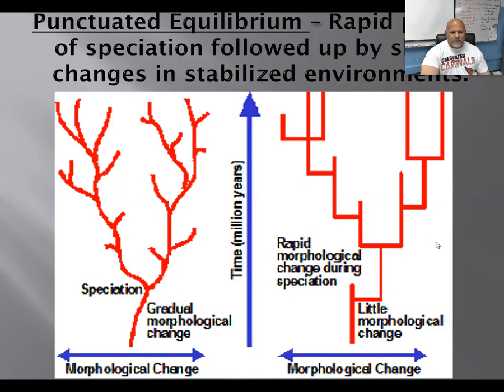And probably what happens is you have punctuated equilibrium that's followed by gradual long changes over time. So neither one of these is probably totally correct. Probably you have fast change, and then the gradualism would probably take place in between those periods of fast change.